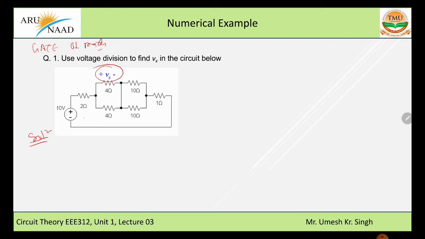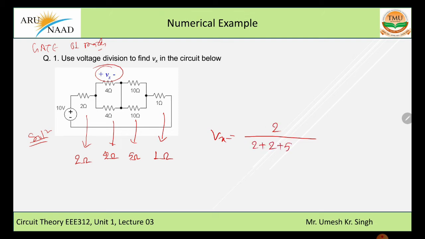Because the voltage is the sum of these 2 ohm, plus this 4 parallel 4 meaning 2 ohm, 10 parallel 10 meaning 5 ohm, and 1 ohm resistance. So Vx, the voltage across this 4 ohm, is nothing but 2 divided by 2 plus 2 plus 5 plus 1 and multiplied by the total voltage 10. So it is 2 volt, and this is our answer.